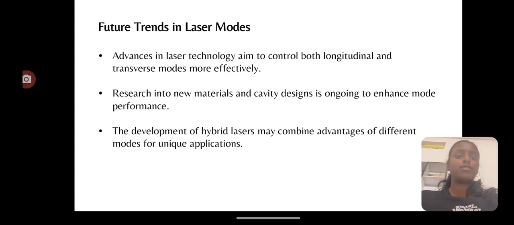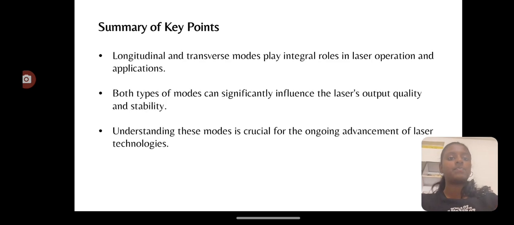As we have already seen in future trends, research into new materials and cavity designs is ongoing to enhance mode performance. Advances in laser technology aim to control both longitudinal and transverse modes more effectively. The development of hybrid lasers may combine advantages of different modes for unique applications.